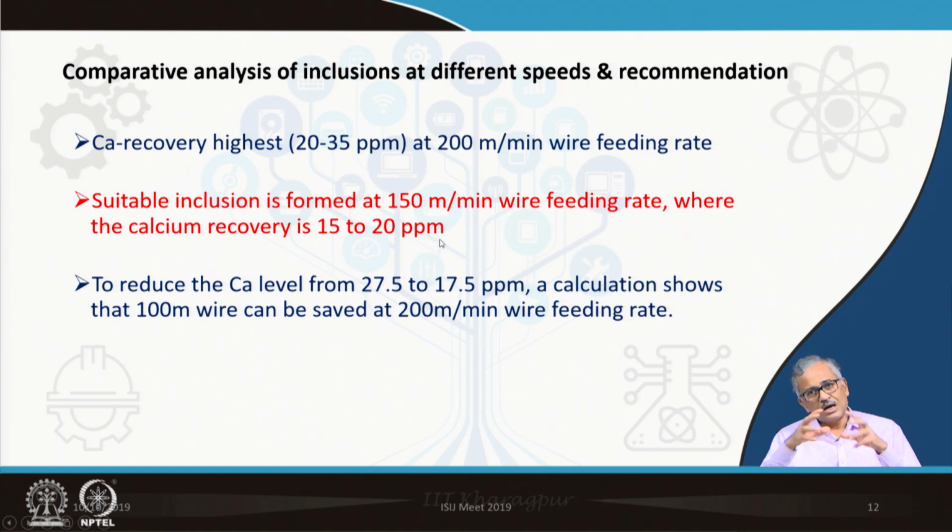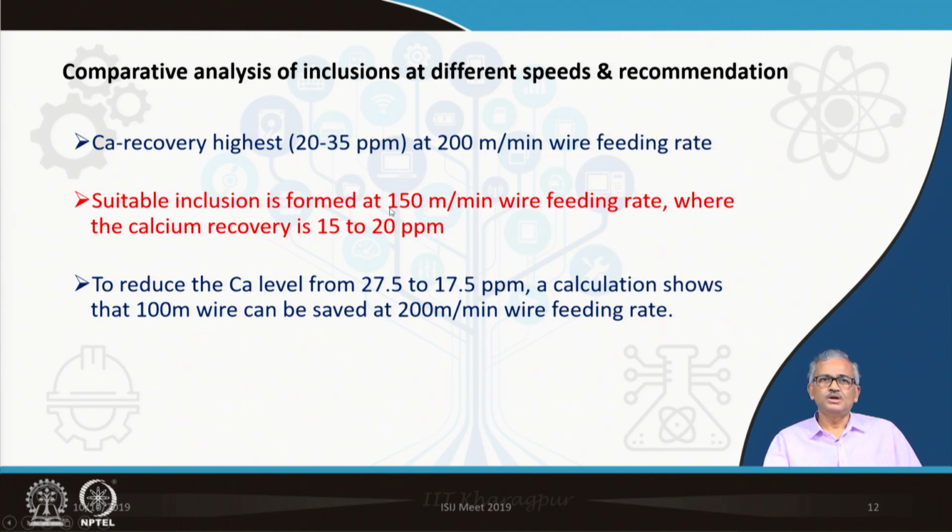That means, in the bath we actually need 15 to 20 ppm of calcium. We do not need 20 to 35, because that is in excess. So, only with this amount of calcium in the bath we can form the best inclusion, but the recovery is not maximum at this speed.